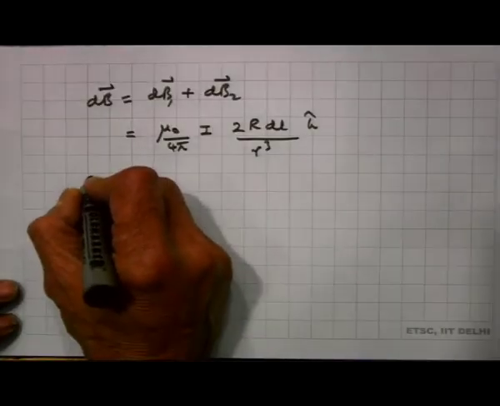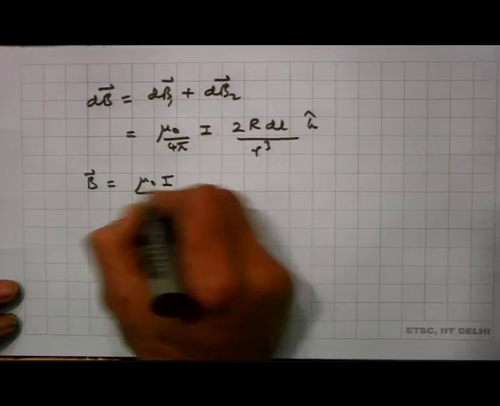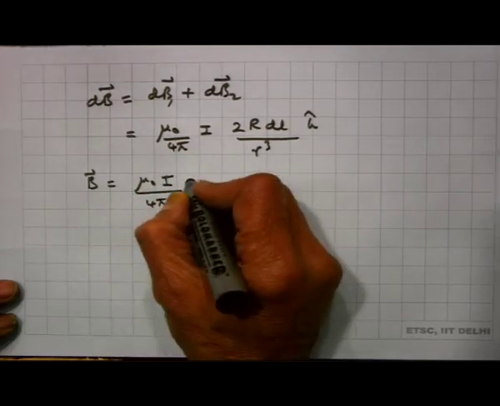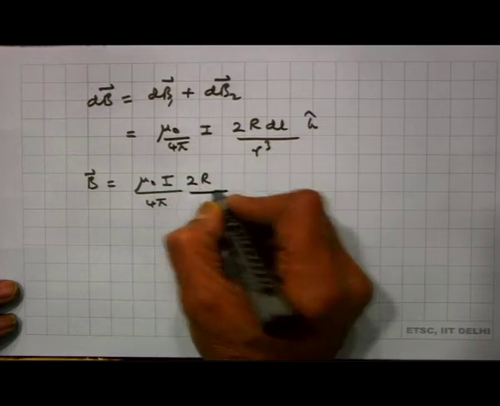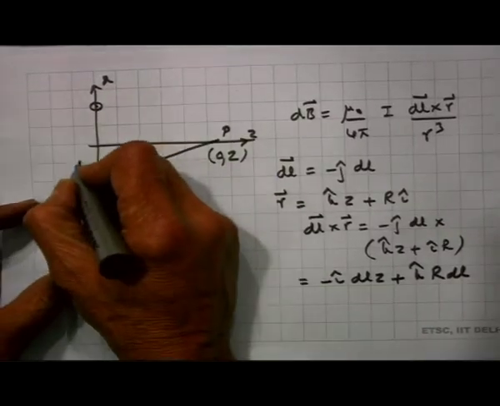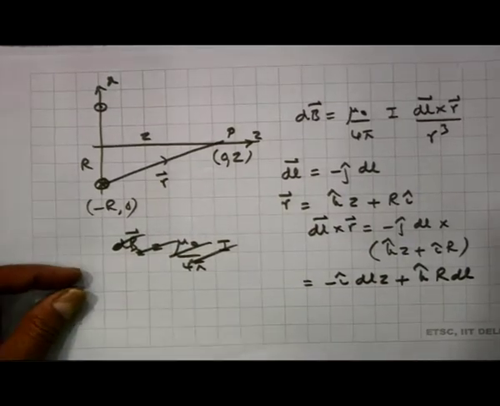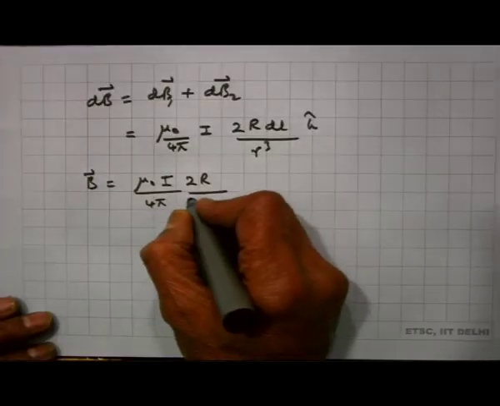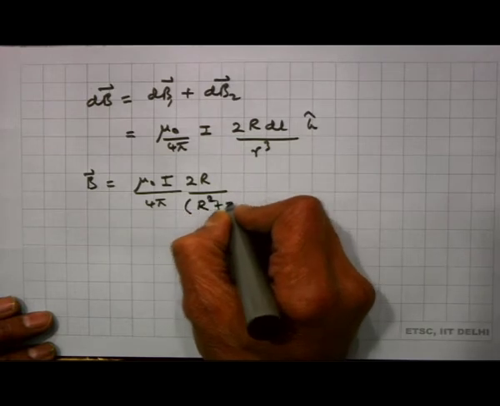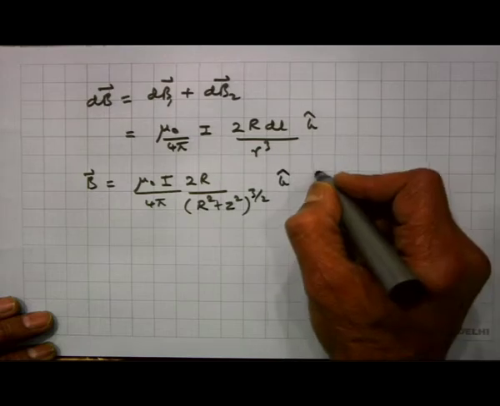So, I can calculate total magnetic field is equal to mu naught I by 4 pi into 2 r by r cube. Now, small r is this distance, this is capital R, this is z. So, small r is nothing but the square root of R square plus z square. So, this is R square plus z square raised to power 3 by 2 into k cap into integral dl.